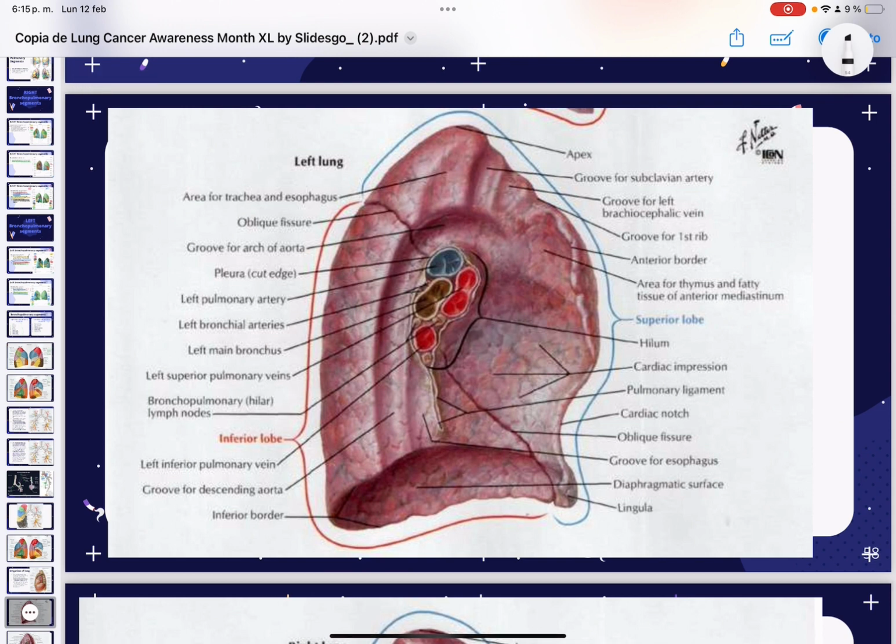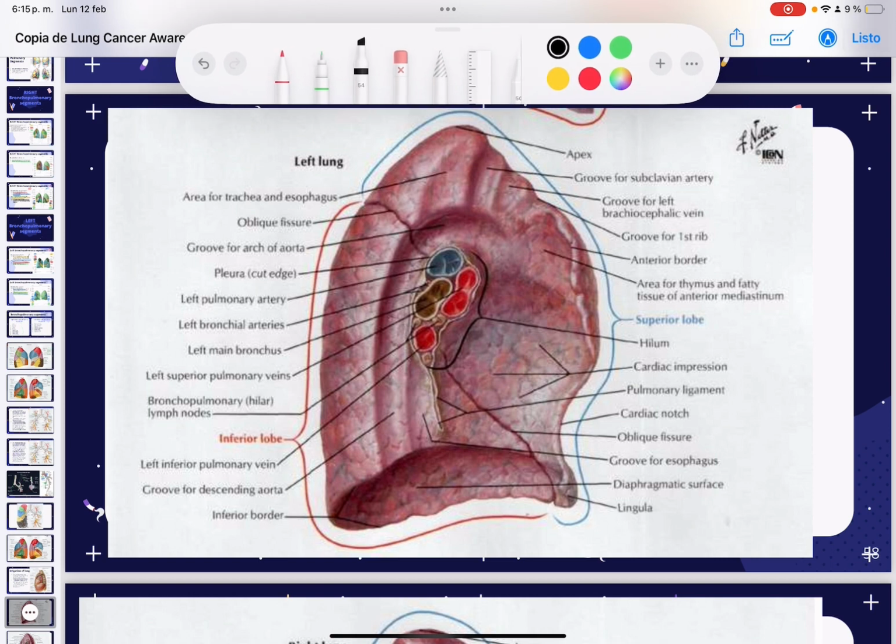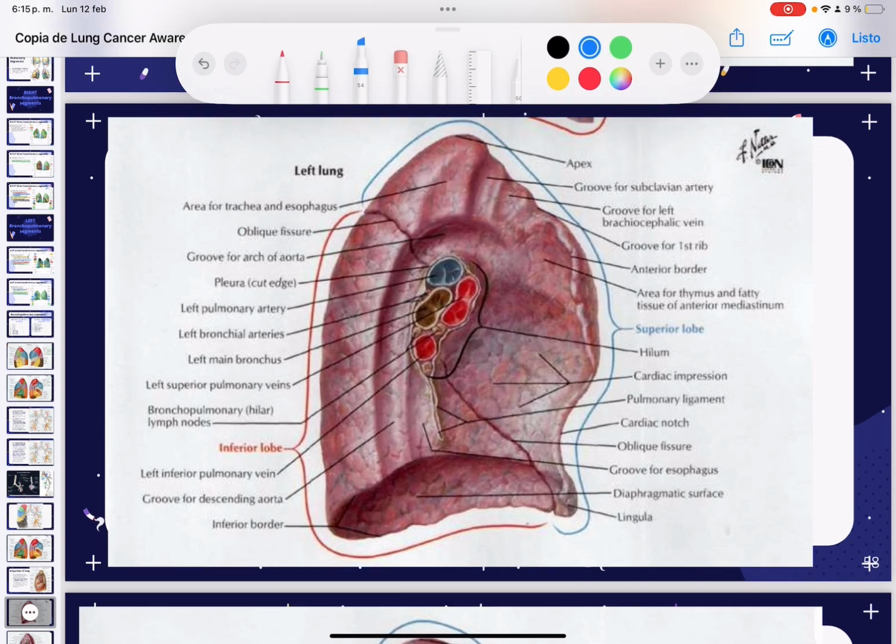We have some structures that are important in here. So let's remember. That's the main bronchus, left pulmonary artery, the left pulmonary veins, superior and inferior.